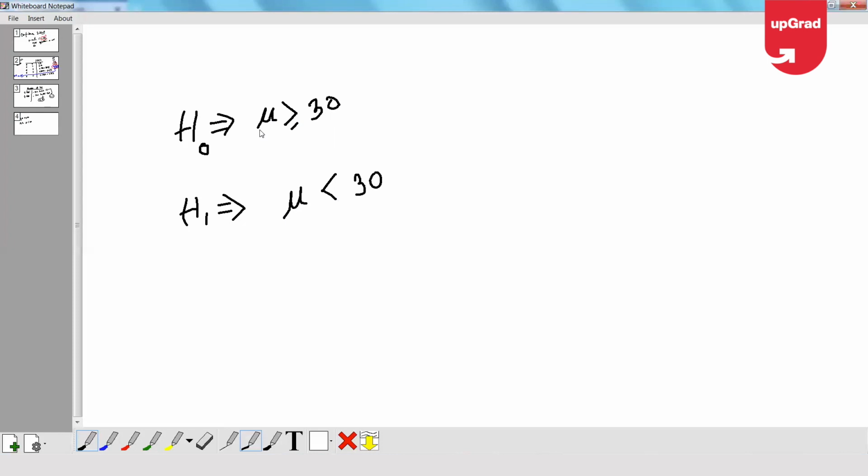So here the alternate hypothesis is the average age is less than 30. The null hypothesis is the average age is greater than 30. So here we are checking only one side.